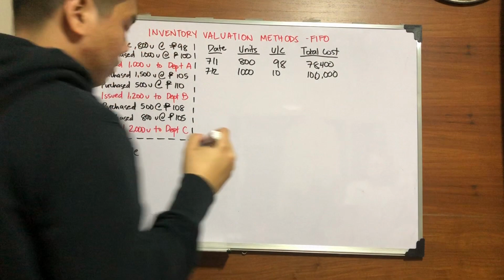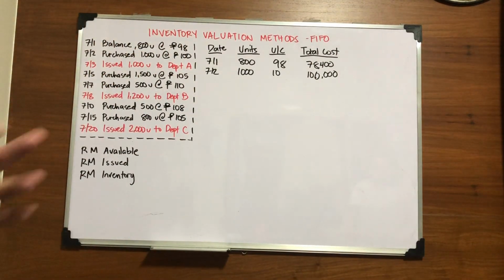That would give you 100,000 pesos. So again, to give you an idea, under FIFO method, raw materials inventory is reported at latest cost, while the cost of raw materials used is reported at earliest cost. So the meaning of the raw materials used is similar to raw materials issued, and you would be using the reported earliest cost.